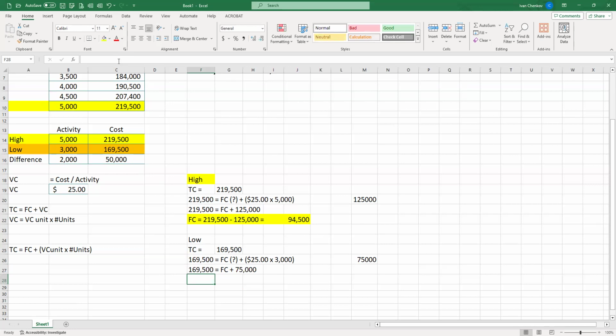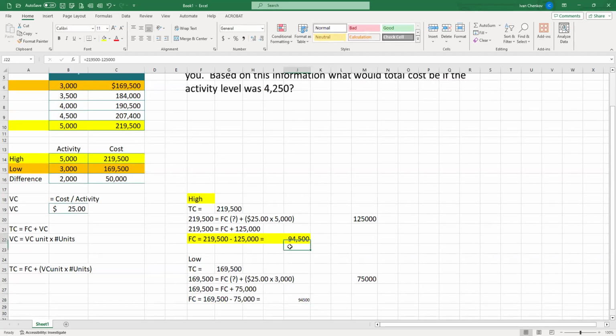So our fixed cost here will be equal to 169,500 minus 75,000, and we're going to get exactly the same result. Correct? So regardless of which level we use, high or low, we get exactly the same result.